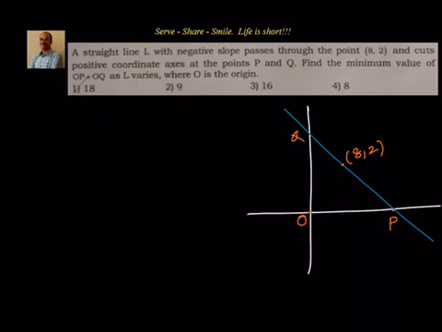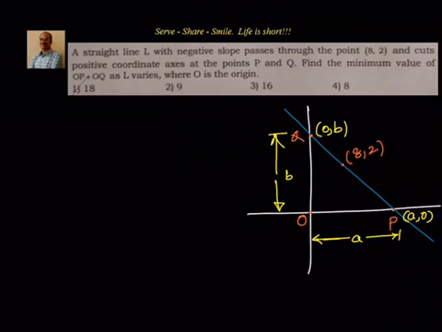So now what is OP? OP is nothing but the x-intercept and OQ equals the y-intercept. Let us say this is our A, the x-intercept, and this is our B, the y-intercept. Now if the x-intercept equals A, then this point is (A, 0), and we also know that this point is (0, B).